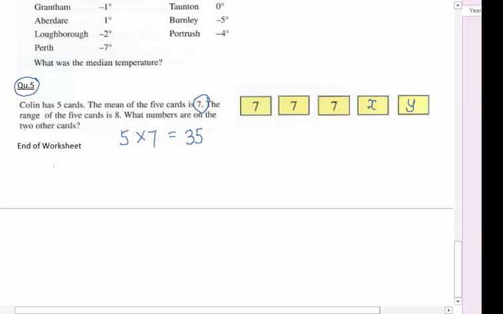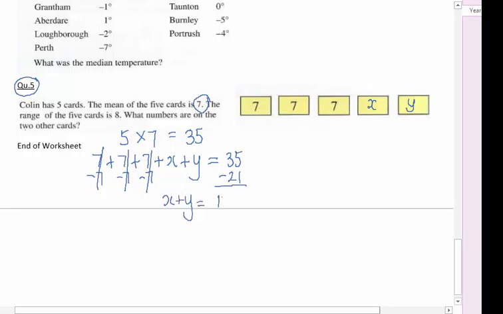So I know now that 7 plus 7 plus 7 plus X plus Y equals 35. Or if I take all these 7's away by subtracting 7 from each of these, that's 3 lots of 7's, so I'll subtract 21. I can get rid of all the numbers on this side and I'm left with X plus Y equals 14.